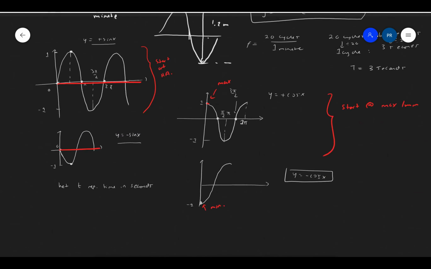If you let t represent time in seconds, we'll call this d of t, representing the displacement. Now, I always want to see let statements, guys. Let d of t represent displacement in meters after t seconds. The baseline here is the mean pool level, which is when the pool is just at 0, right?